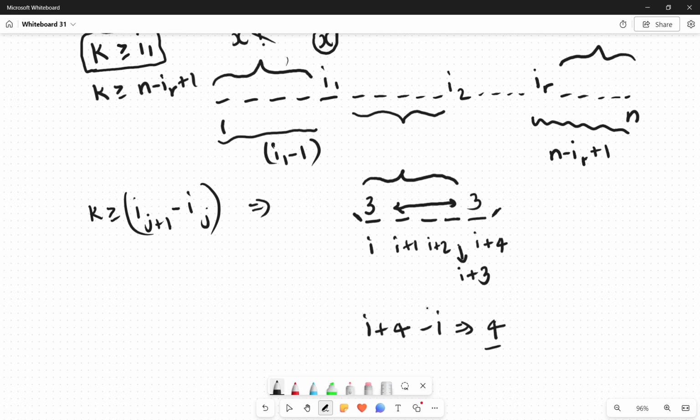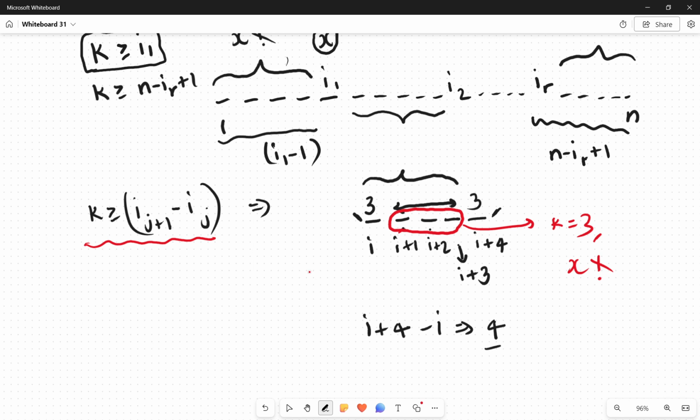If k is equal to 3, then if I take the subsegment of length 3, my x is not occurring. So my k must be greater than 3, so my k must be greater than or equal to 4.